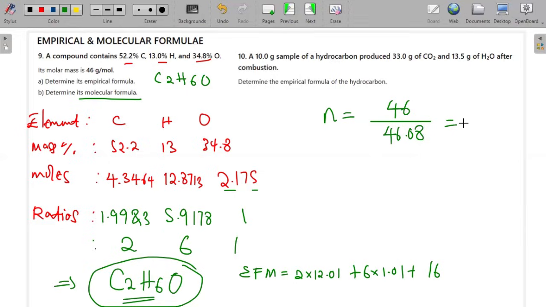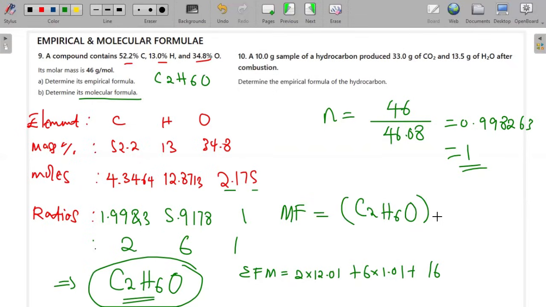If I divide 46 by 46.08, I get 0.998263. I can round this off to 1. So my factor is 1. My molecular formula will be my empirical formula multiplied by the factor, which is 1.